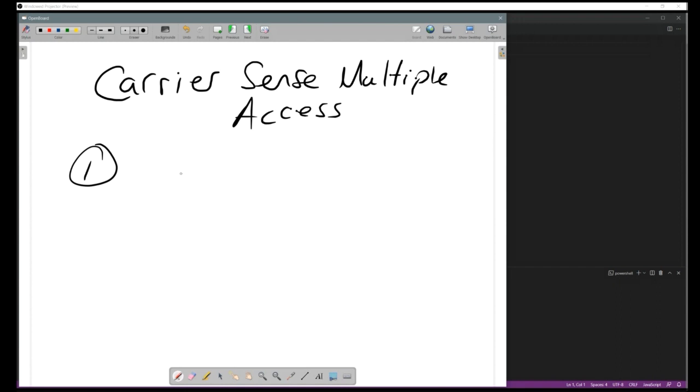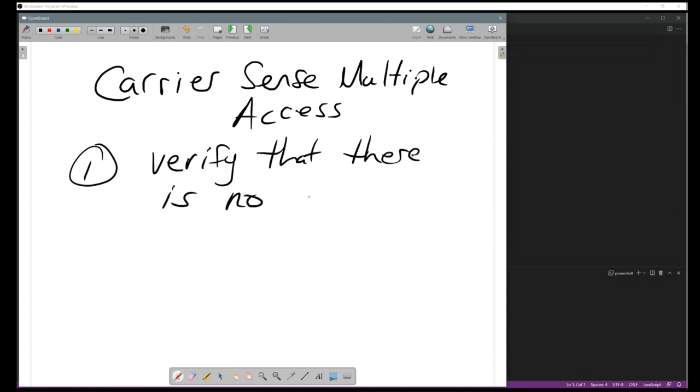So the first step is to verify that there is no signal being received.